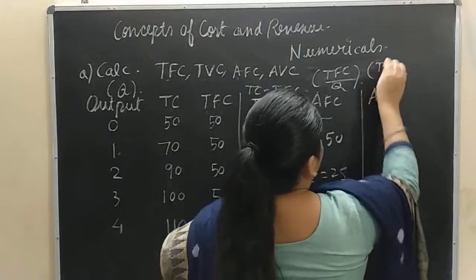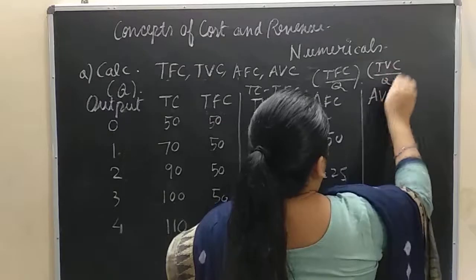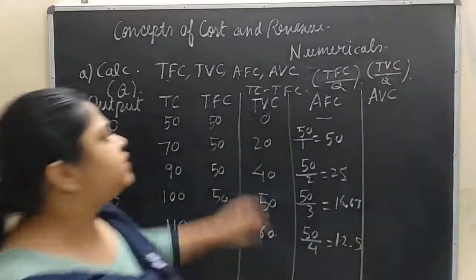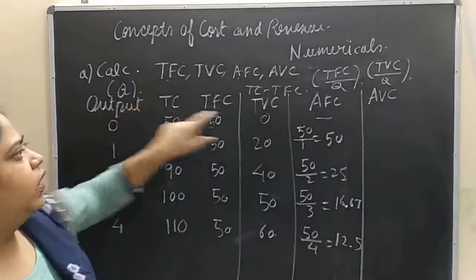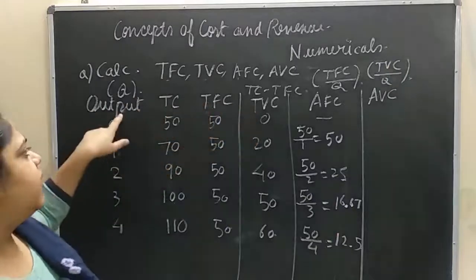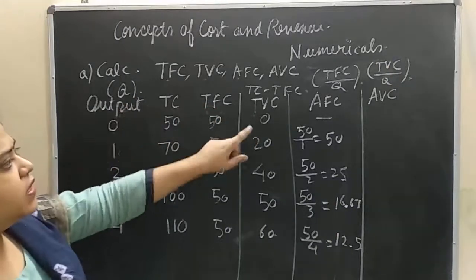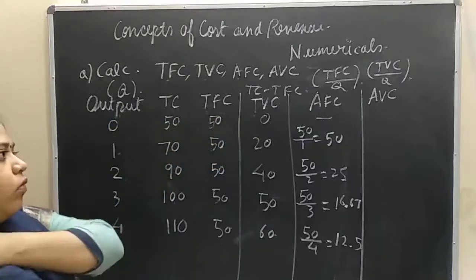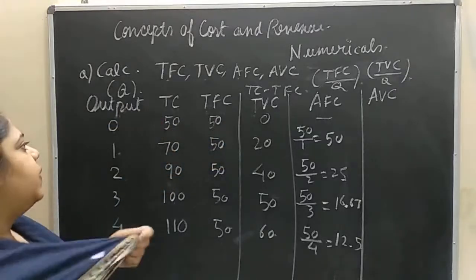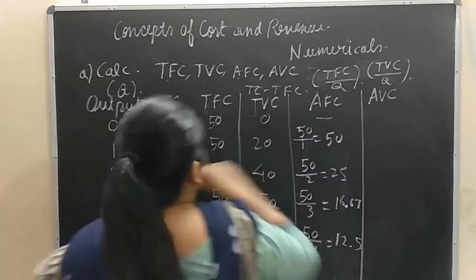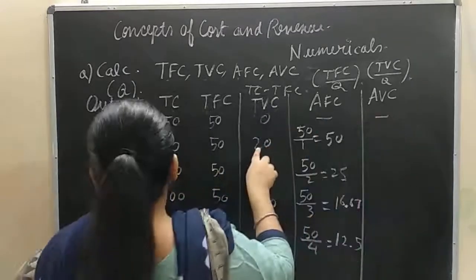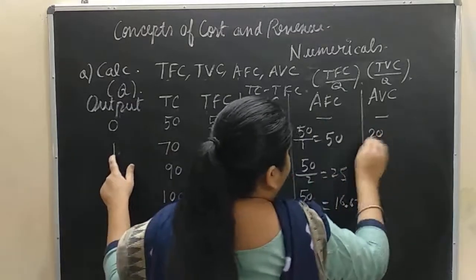Now you calculate AVC. AVC is TVC divided by Q. What is the formula for AVC? It is TVC divided by Q. This is my TVC column, this is my Q column. So it will become 0 divided by 0, we'll leave it blank. This will be 20 divided by 1.